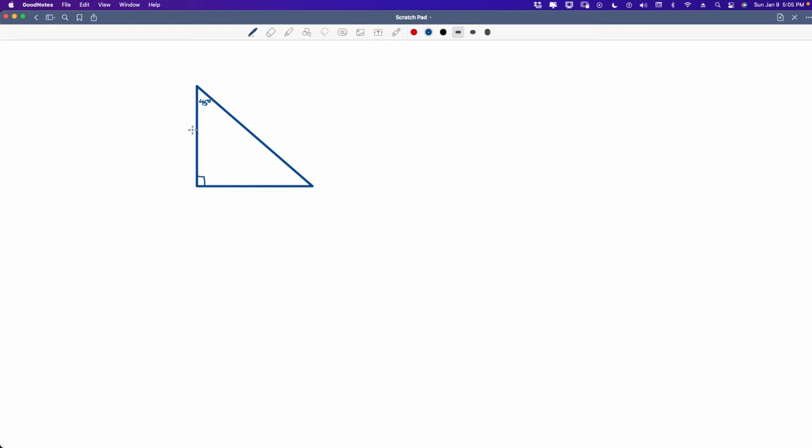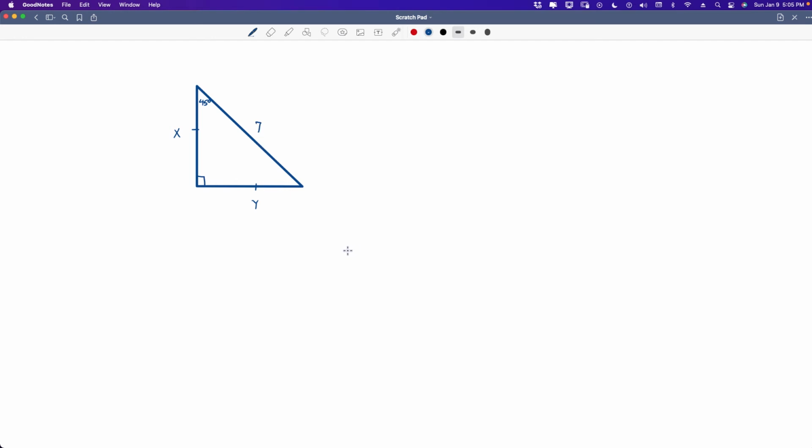It also tells me that this and this are the same length. I'm going to adjust this because it doesn't look exactly right. There we go. That looks a little bit more like they're the same length. The measure of this is x, the measure of this is y, and the measure of this is 7.